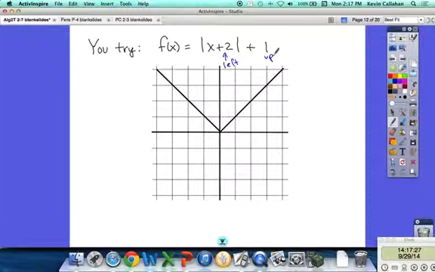You're trying to go, oh, that's a parent function, okay. That's left 2, up 1.